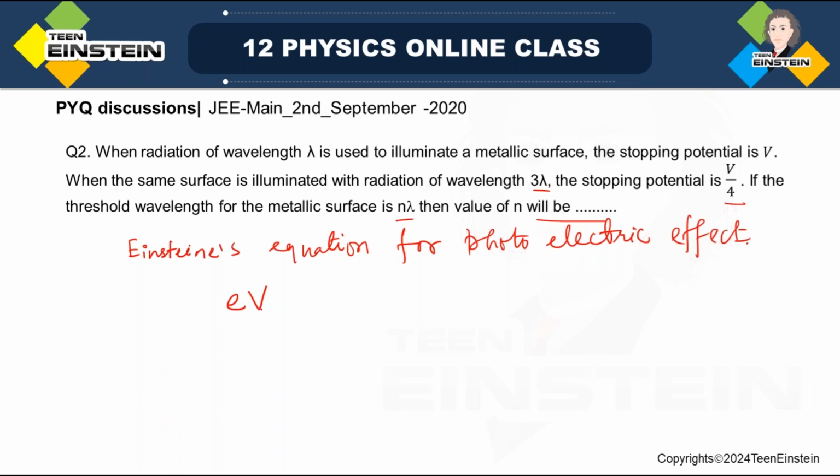If V is the stopping potential, then the energy will be eV, which is equal to hc by lambda minus phi. Here phi is the work function.